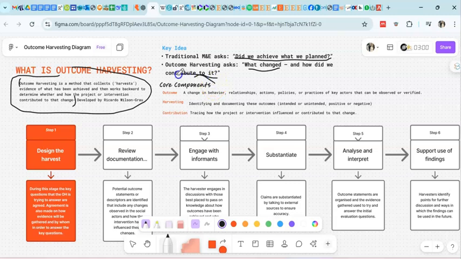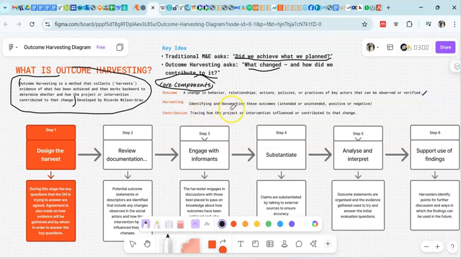And there are three main components: one is outcome, second is harvesting, and third is contribution. What is an outcome in this principle? An outcome is a change in behavior, relationship, actions, policies, or practices of key actors that can be observed or verified.